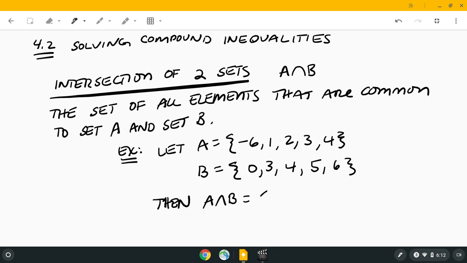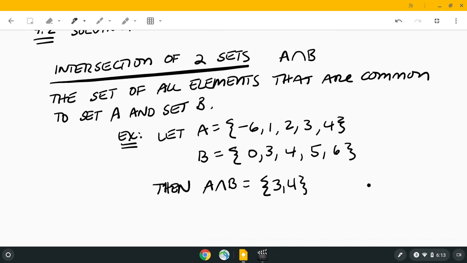Here we see: no, no, no, yes, yes. So 3 and 4. This is set A, that's set B, and this is another set, the intersection of A and B.